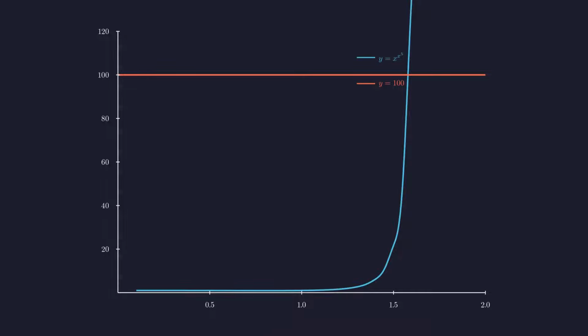The solution to our problem is the x-coordinate where these two graphs intersect. The graph visually confirms what our analysis showed. The function y equals x to the power of x to the fifth is monotonic for x greater than 1, meaning it's always increasing. Therefore, it can only cross the line y equals 100 at a single point. This means our solution is unique, at least for positive values of x.